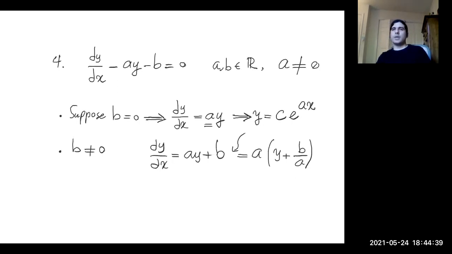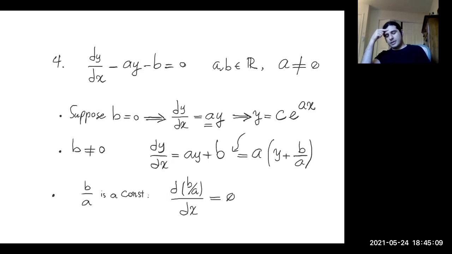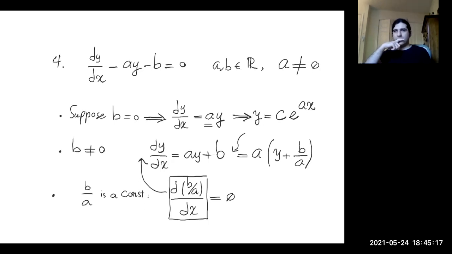On the other hand, note that b over a is a constant, and therefore its derivative with respect to x is just 0. So what we can do is add this thing to the left-hand side of the equation, because this is just 0. This doesn't change anything.